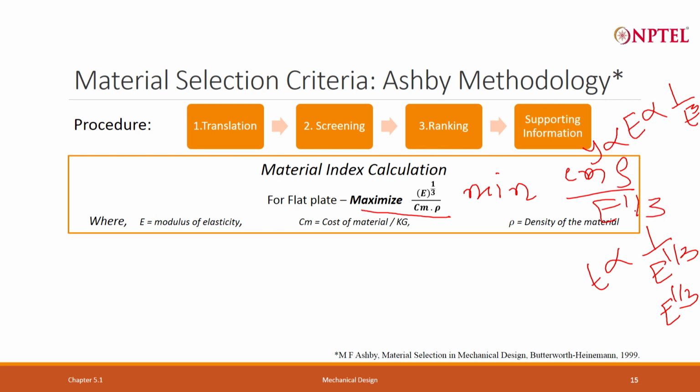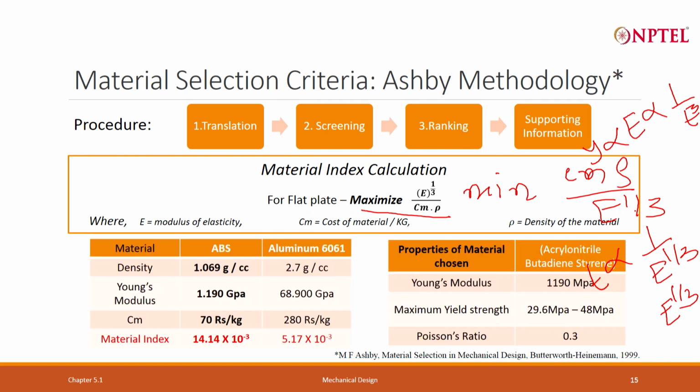If we want to maximize something, it is directly proportional, and if we make it inversely proportional, it becomes a minimization function. That is what I am trying to do here: minimize cost, minimize weight, minimize the deflection. Now we have got two materials, ABS and aluminum.